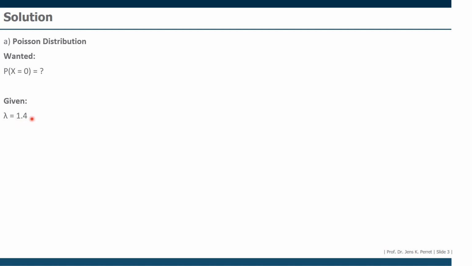So I have all the information I need. I have the average giving me the parameter lambda. I have the parameter k being the 0 from what I want to calculate here.